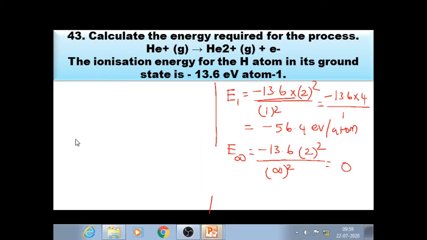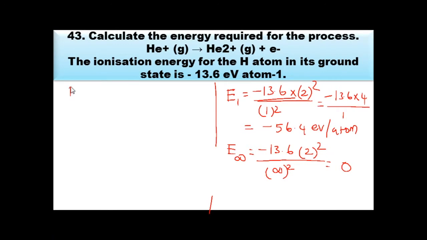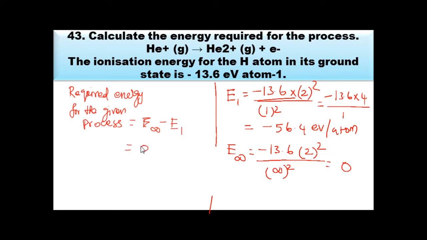The required energy for the given process equals E infinity minus E1. So E infinity value 0 minus the E1 value, minus 56.4. Minus into minus is plus. The answer is 56.4 electron volt per atom.